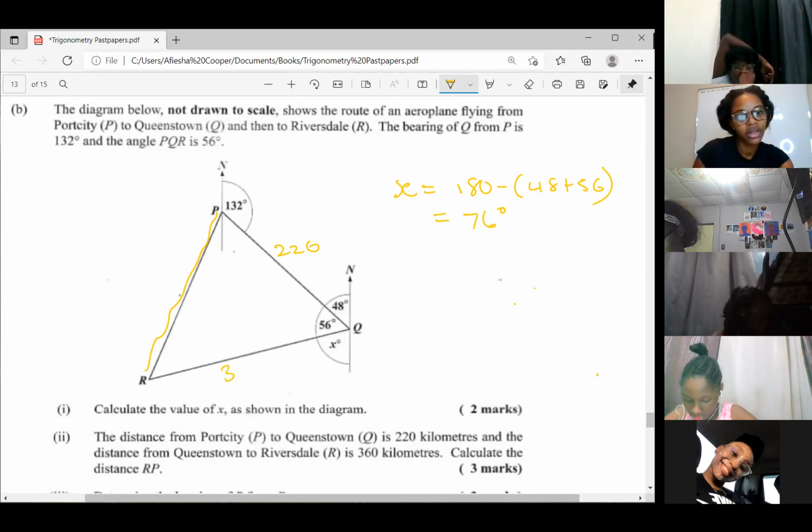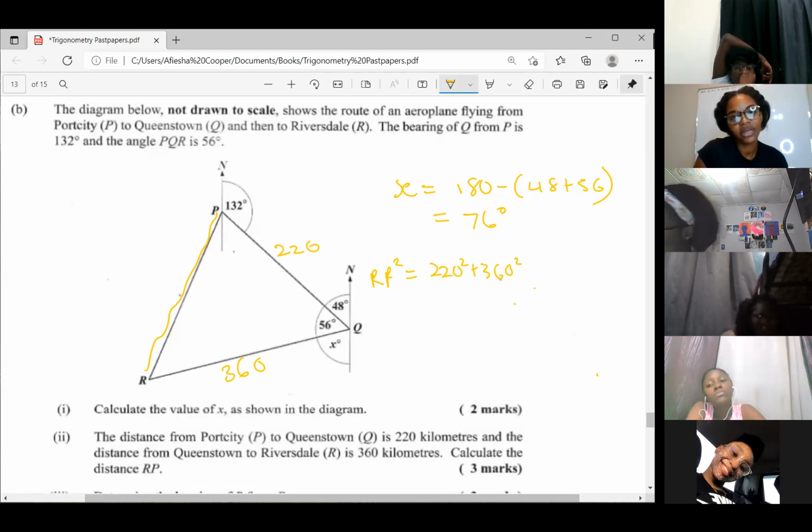All right, cosine rule. So that would be RP squared is equal to 220 squared plus 360 squared minus 2 by 220 by 360 by cosine 56. What was the answer for RP?